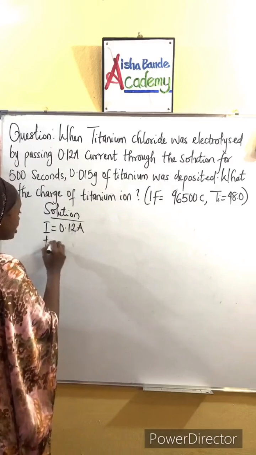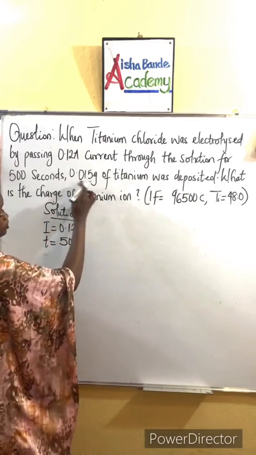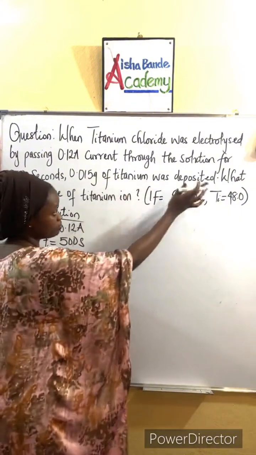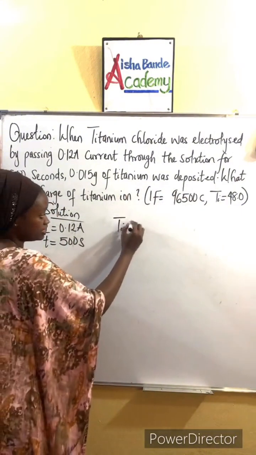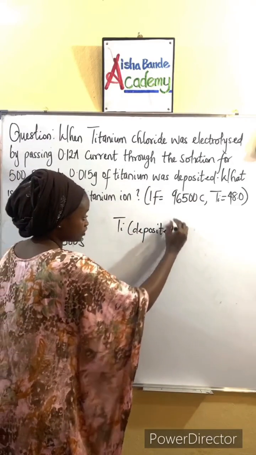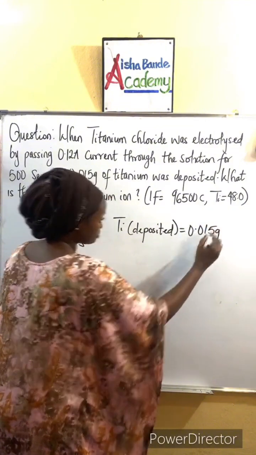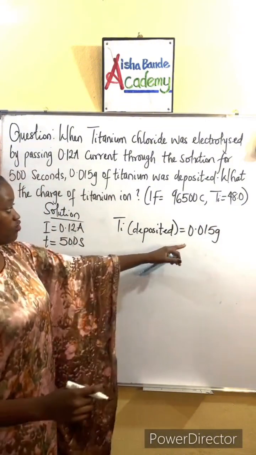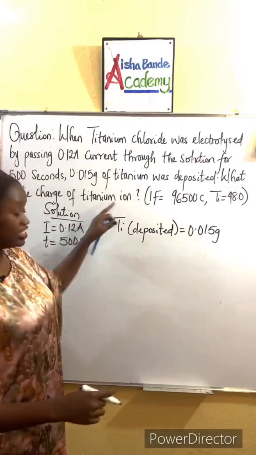So we have the value for time, which is equal to 500 seconds. 0.015 gram of titanium deposited. So the titanium deposited, as given in the question, is 0.015 grams. So that is the mass of titanium that was deposited. So we are asked to find the charge of titanium ion.